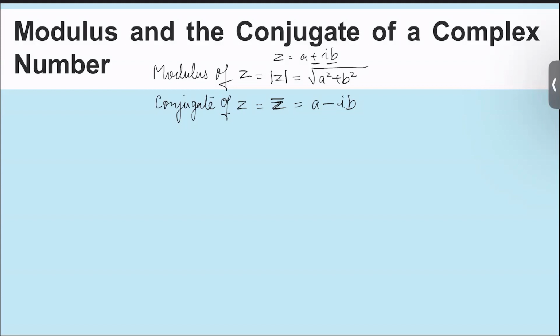Now we will continue with some examples where you have to find the conjugate of an expression, where we will first use some part of the algebraic operations, and then we will find the conjugate or the modulus.